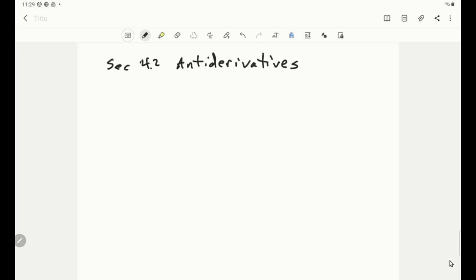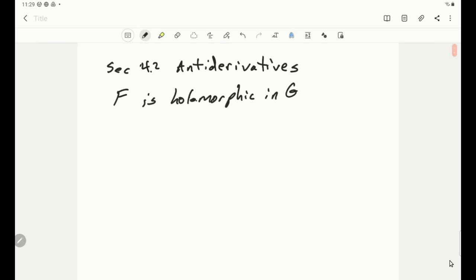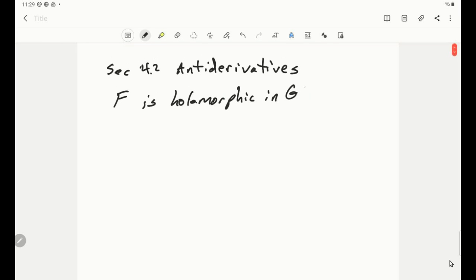Now, if we have F, so this big F is holomorphic in G. Remember that it's any little neighborhood in G, F is differentiable.